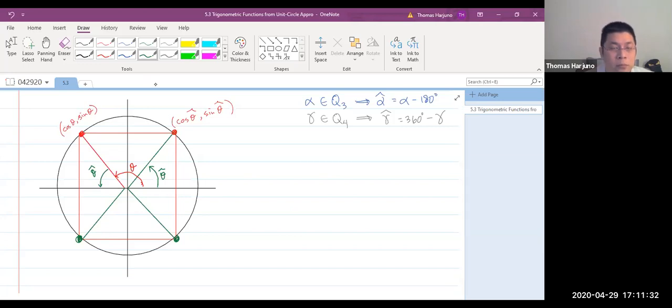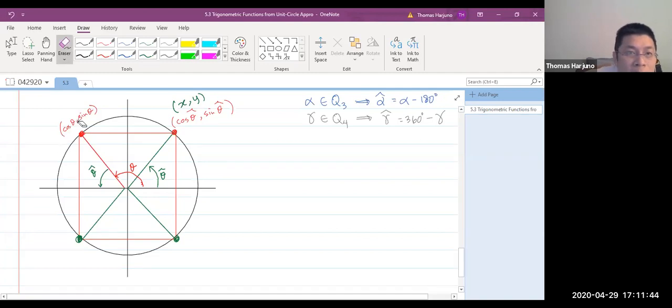So if the xy component in quadrant 1 is cosine theta hat, sine theta hat, then the coordinate here must be, let's say this is cosine theta hat, sine theta hat, and notice that all these coordinates here, all of them have the same reference angle.